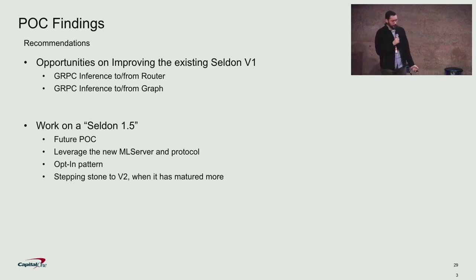We could also consider what I have dubbed Seldon 1.5, which is to use certain components from Seldon V2, such as MLServer, in Seldon V1 to reap the benefits of removing the GIL contention from within the inference server itself, and enabling it on an opt-in pattern, so that we can step into Seldon V2 more easily once it has matured more.